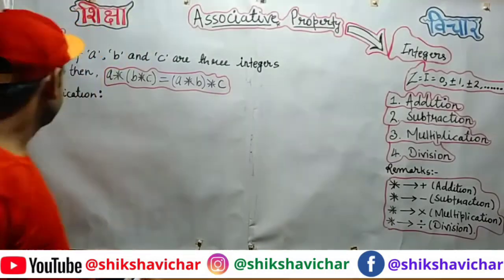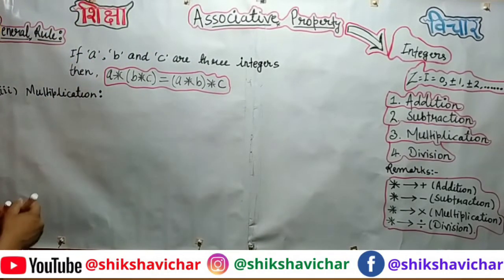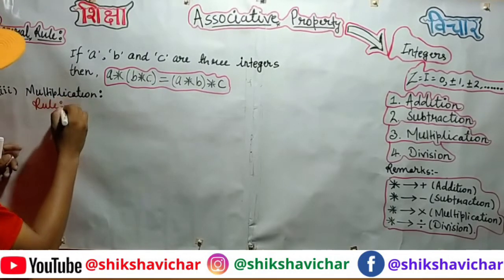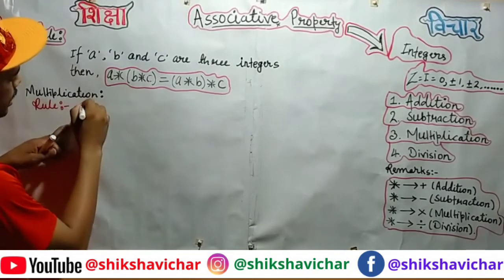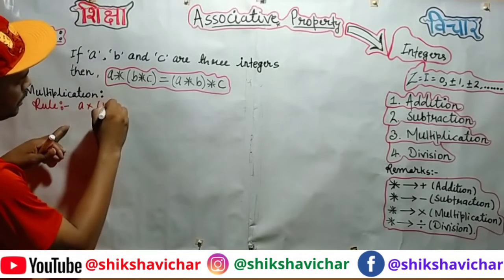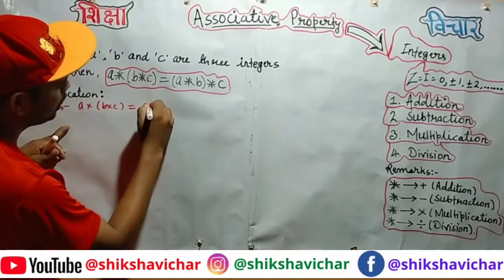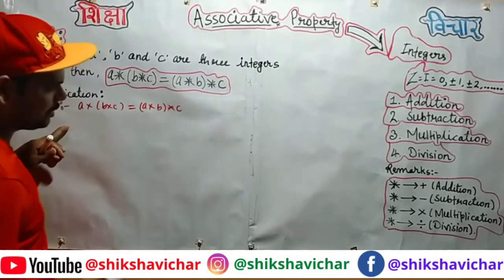Let's talk about the third point, that is multiplication. So first of all, we will discuss the rule. What would be the rule for multiplication for the associative property? The rule says that (a × b) × c, inside the bracket, must be equal to a × (b × c).